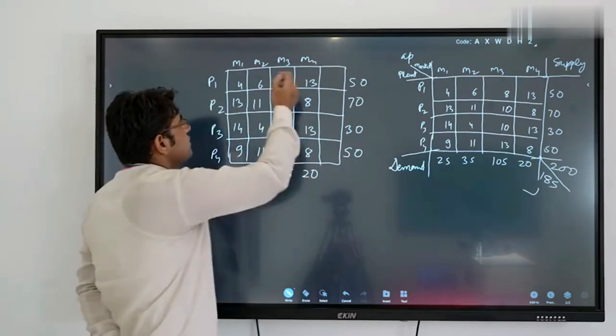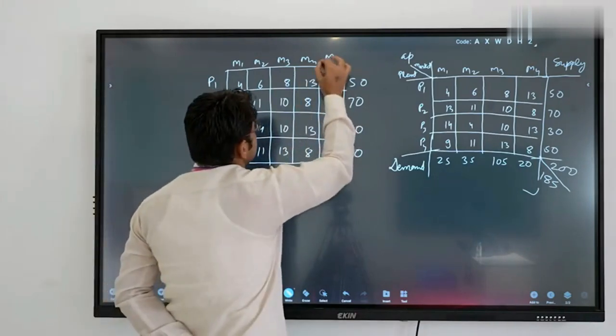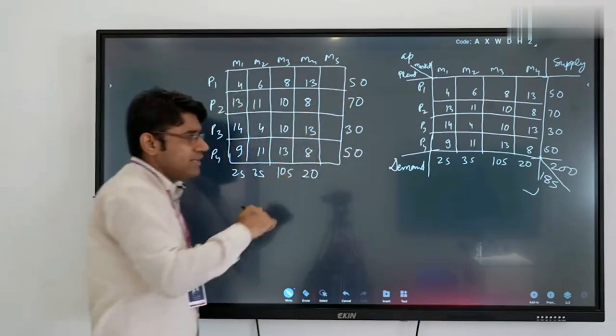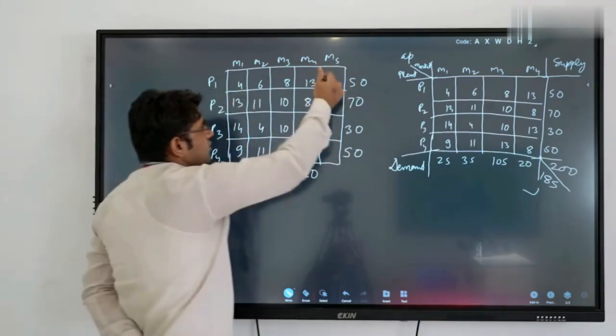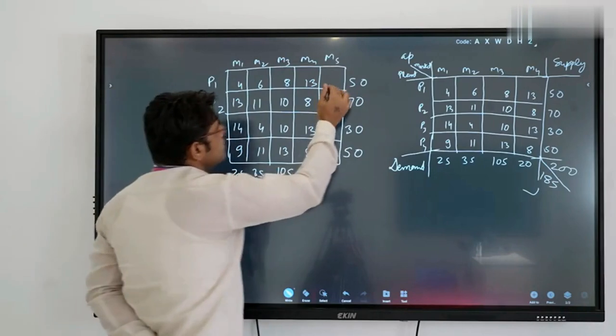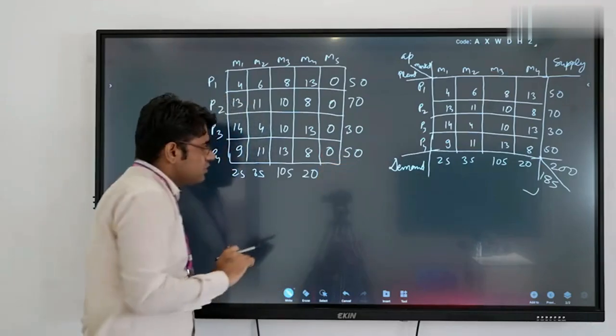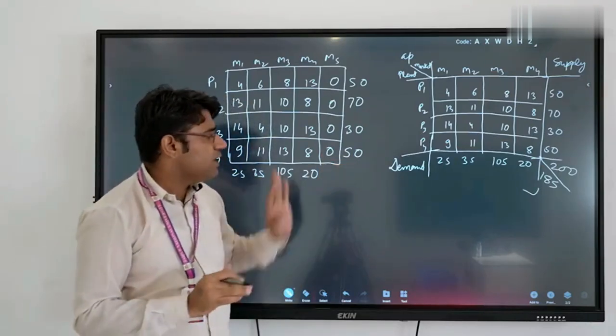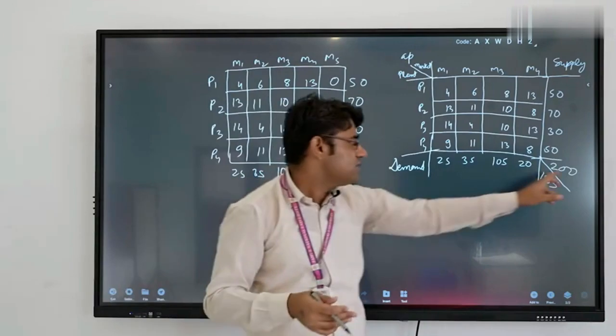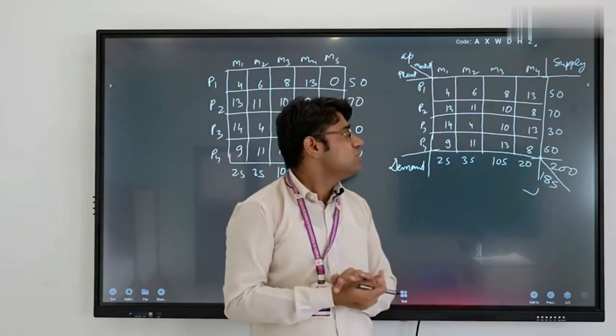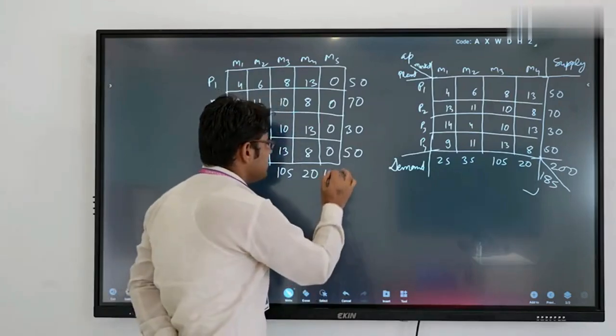Now we introduce the dummy column M5 and take the cost cell values as 0, 0. So now write here demand. Here demand is 15 less than the total supply. So write here demand is 15.